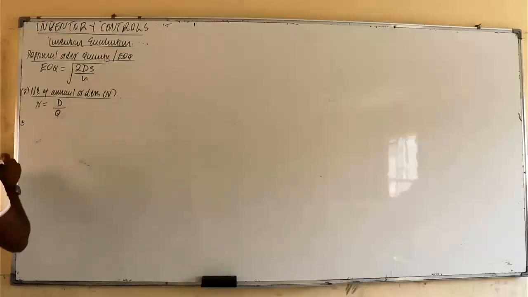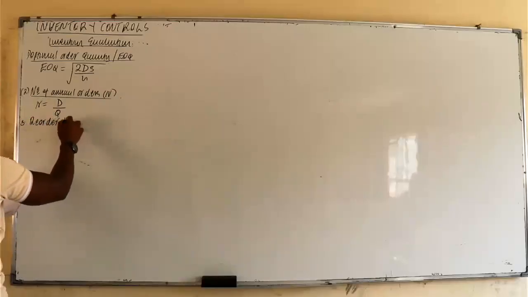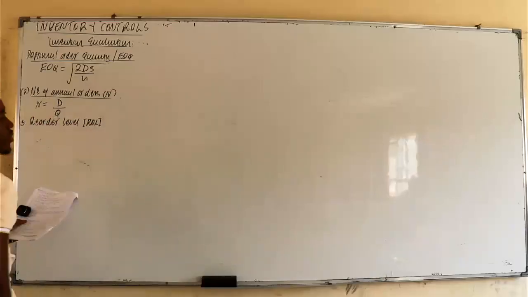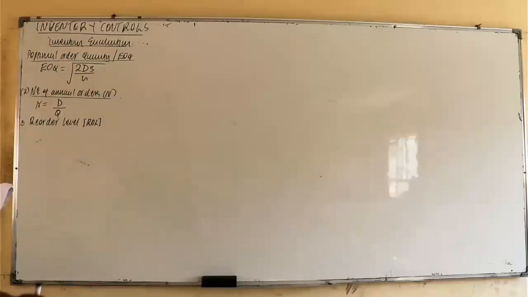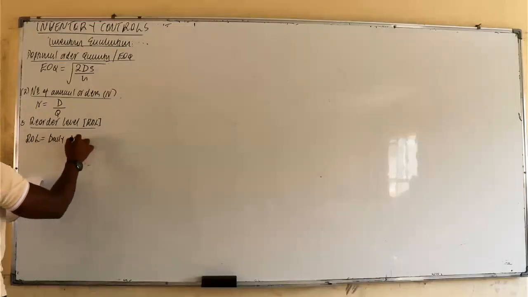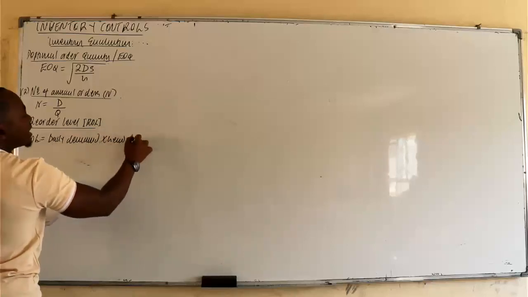Number three, how do you determine the reorder level? Now, reorder level, this is a level whereby the company now decides they need to make another order. So that's what we call the reorder level. And to get the reorder level, you take the demand, you multiply by the lead time.